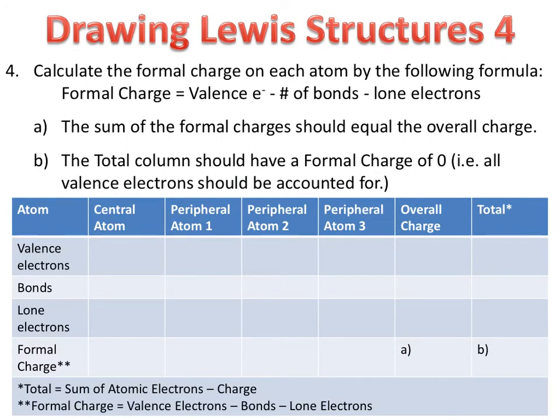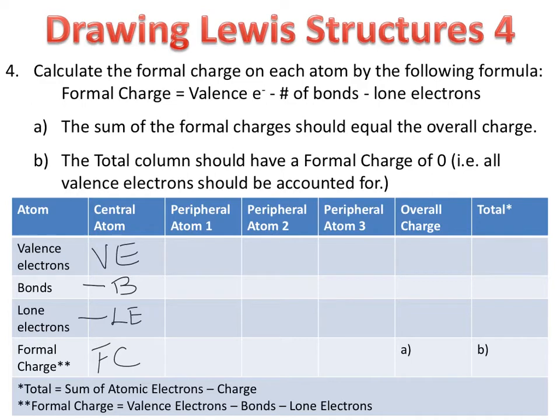Step 4 in drawing a Lewis structure is to calculate the formal charge on each bond. We do this so that we can then determine whether or not double bonds or triple bonds are necessary for our structure. The formal charge is calculated by taking row 1, the valence electrons, and subtracting row 2, the number of bonds, and subtracting row 3, the number of lone electrons, to give us the formal charge in row 4.